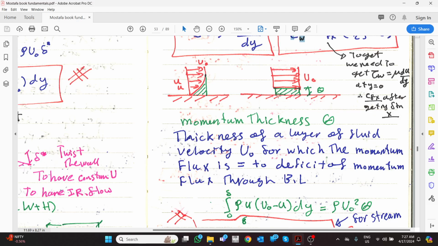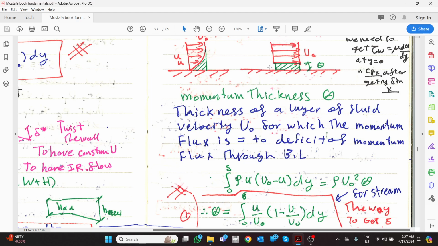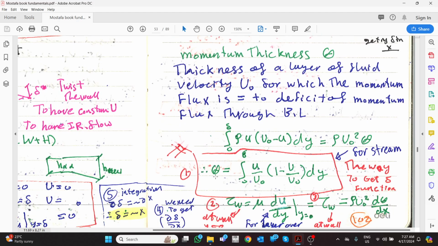So what is the momentum here? You go from u naught to 0 in a thickness delta, and here you are integrating the area. So momentum thickness theta is equal to the integration from 0 to delta of u over u naught times 1 minus u over u naught, dy.